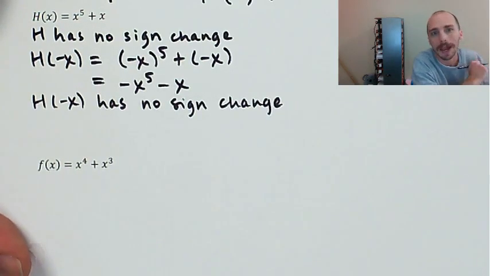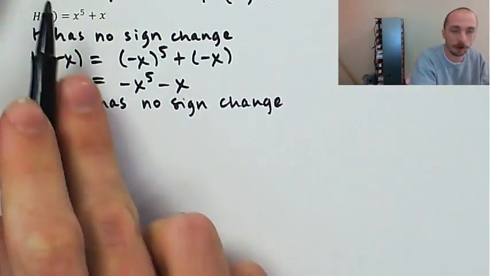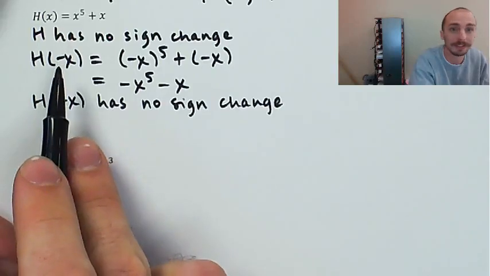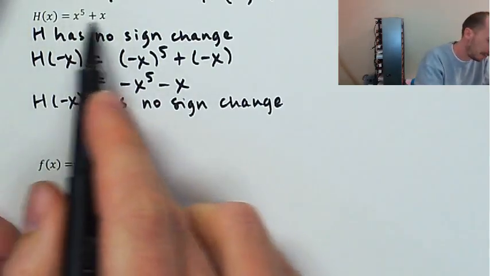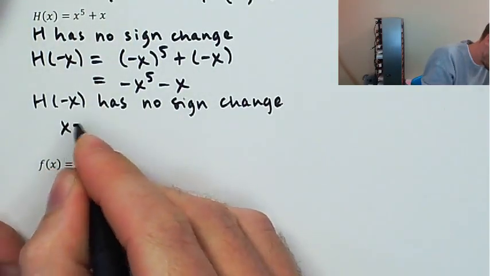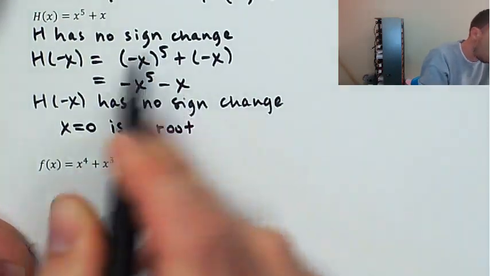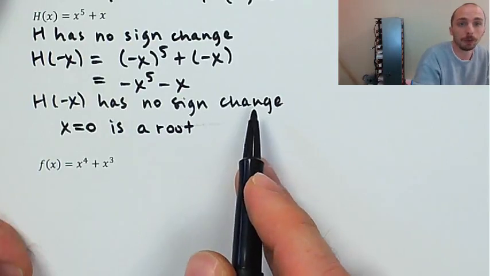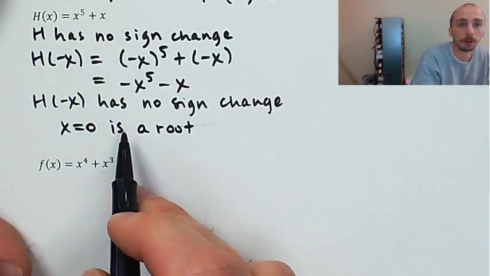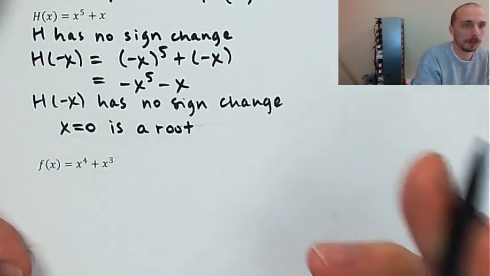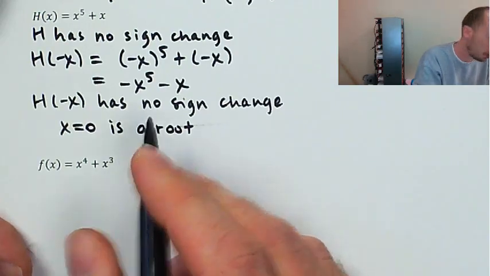And then you realize, oh, hey, it's right there at x equals 0. I don't really know how Descartes' rule of signs interacts with 0 roots, but I can see that x equals 0 is a root. I know there are no positive or negative roots because of the Descartes' rule of signs analysis I did. So that must mean h has 4 imaginary roots.